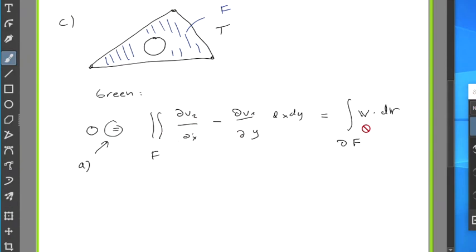Okay, now however, what is now the value of this line integral? Well, this line integral has two parts. We for one have the line integral along the triangle, and the correct orientation for that curve is counterclockwise like this. So that's the thing that we need to evaluate.